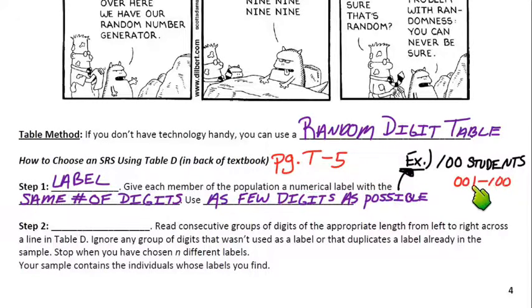I couldn't just put 1 to 100 because the number 1 shows up way more times on that table than the number 100 does. So as long as they have the same number of digits, if you're 1, you got to be 0, 0, 1, sorry. But actually, that's not the most efficient way to do it. So I said try to use as few digits as possible in the labels. There's a more efficient way to label 100 students. So see if you can come up with that.